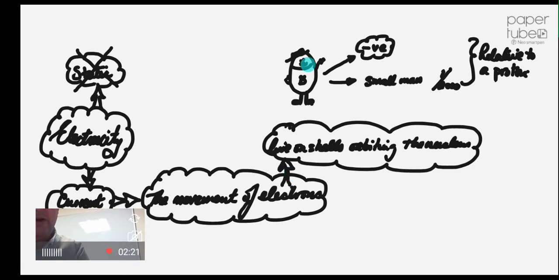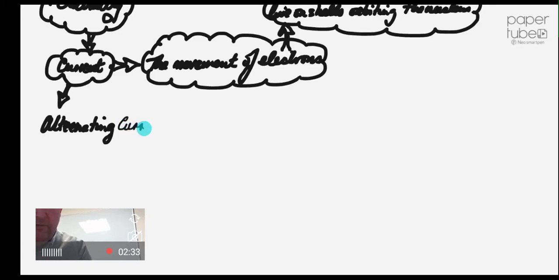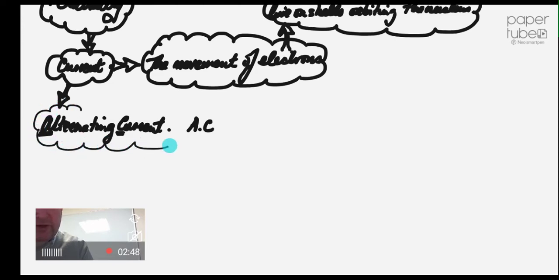And this is what current electricity is. So current electricity can be split into two real types. There's alternating current. Now alternating current is the electricity you have at home, right? Alternating current is sometimes known as AC. As far as you're concerned, we'll just say that's the mains.